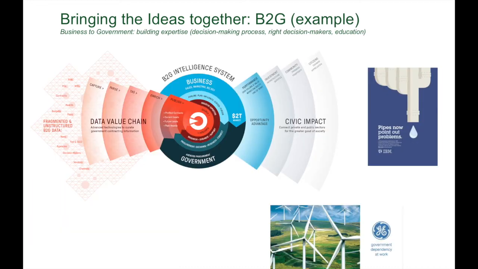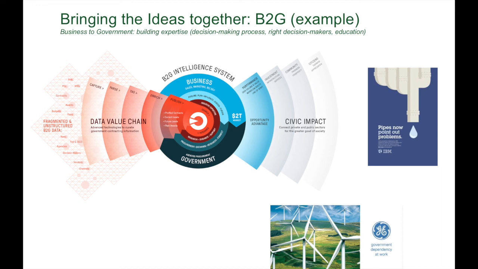Last but not least, there is also something like business to government. And business to government, we can discuss for a long time. Is it different? Is it similar to, let's say, business to business? I think there are some differences, and it's basically this chain that is indicated with these cycles.